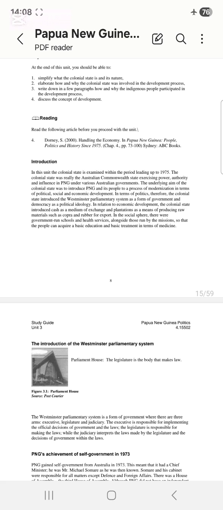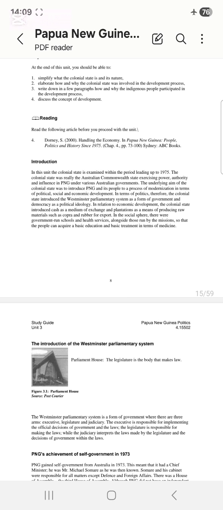So our guess would be events starting from 1884 to 1975. So within this brief period here, this is where there is presence of colonial state. After 1975, that is another era of what is called the post-colonial state.